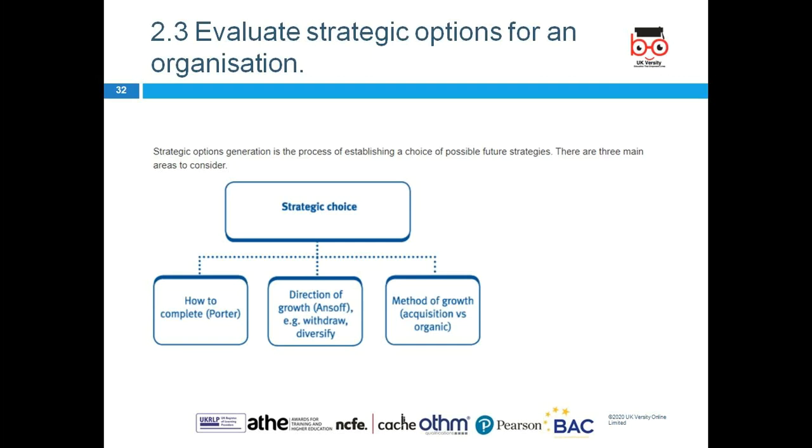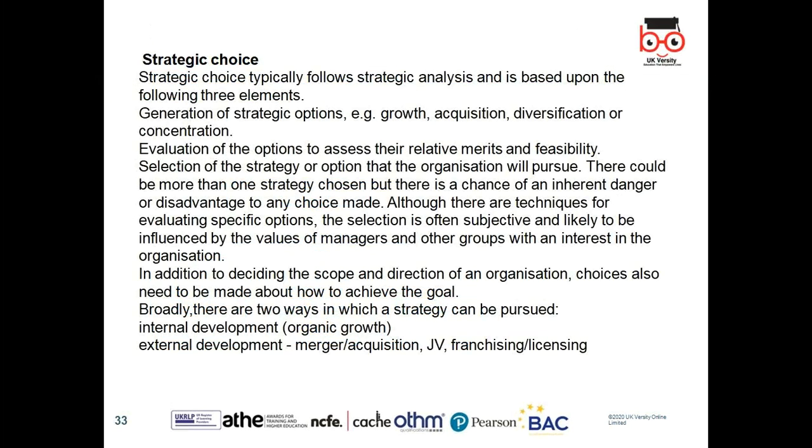Strategic option generation is the process of establishing the choices for possible future strategies. Strategic choices: how to compete, the directions of growth, consolidate or withdraw, or the method of growth through acquisition or organic development. Strategic choices typically follow the strategic analysis, based on generation of strategic options: growth, acquisition, diversification.